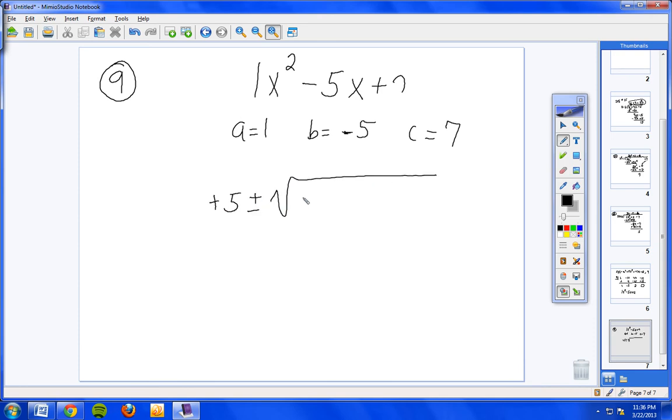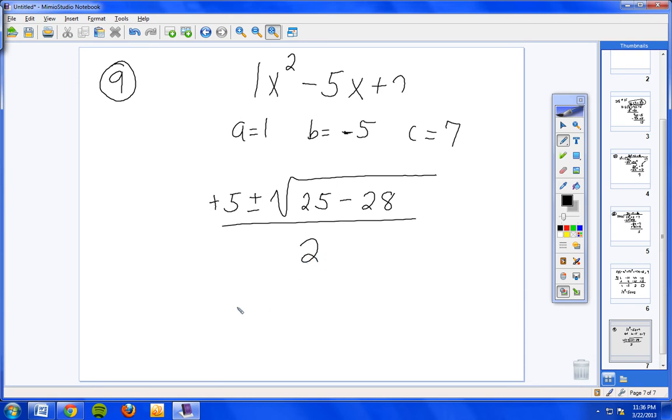So -5 squared would be a +25. And then I have a -4ac, so I've got to take -4 times a times c. So let's go ahead and do that. -4 times 1 is -4 times 2 is -8. So I get a -8 all over 2a.